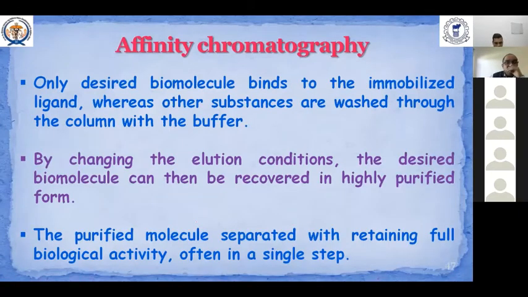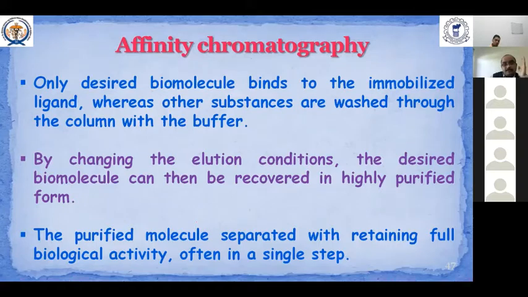So in this technique, when an impure solution of the protein to be purified is loaded onto the matrix of the affinity chromatographic column, only the desired molecule binds to the immobilized ligand, whereas other substances are washed away through the column with the buffer, right?